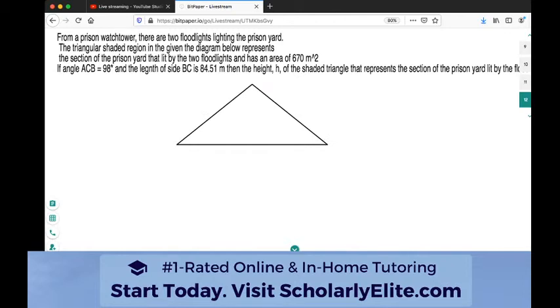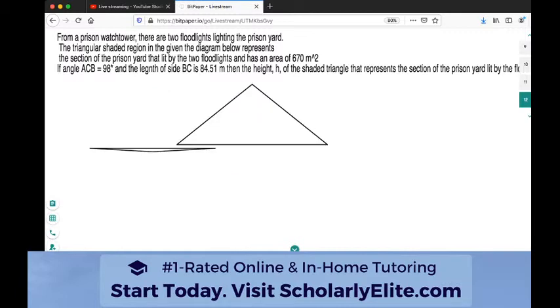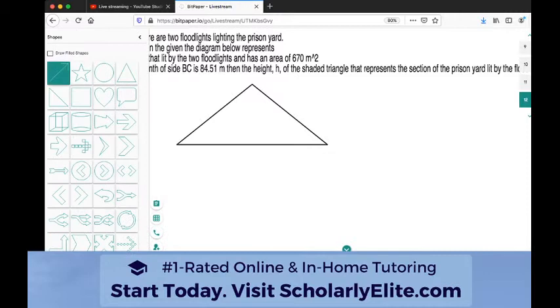Let's move it over. And then within this triangle, there's another triangle. You know what, I'm just going to draw it freehand. See how that goes. And I just need a straight line here quickly.